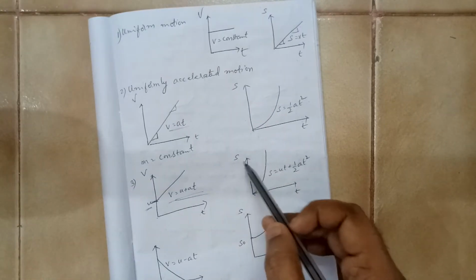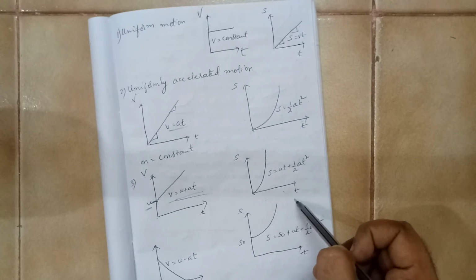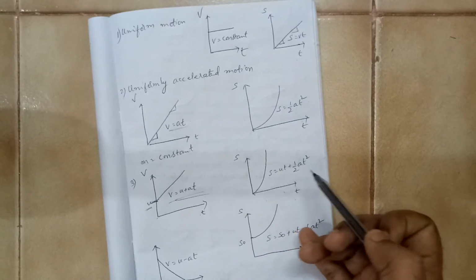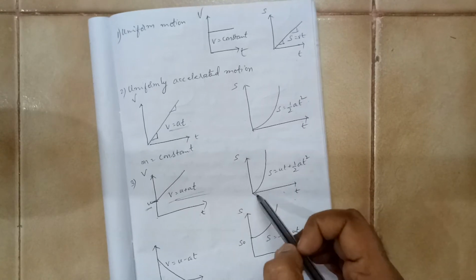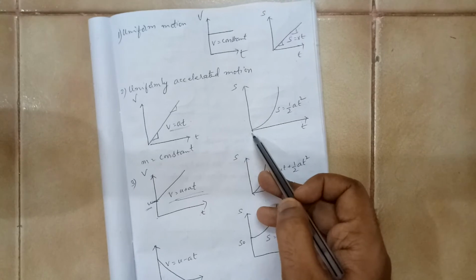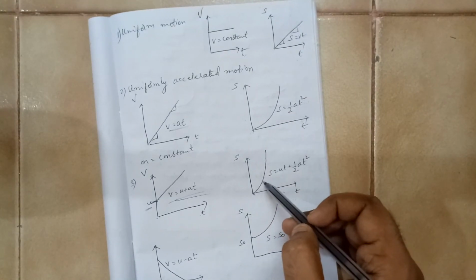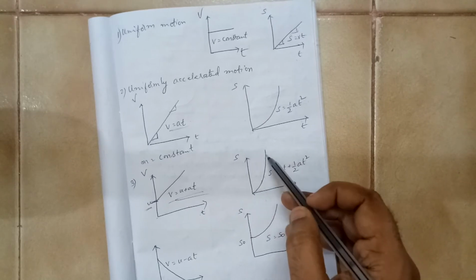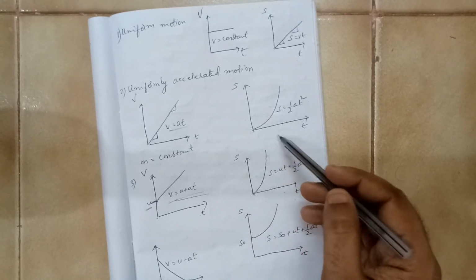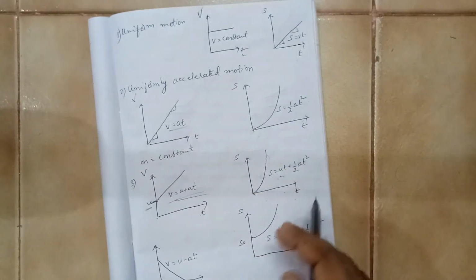Now in a similar situation, if you try to plot the ST graph, it will start from the origin, because you put t is equal to 0. But this graph and this graph will be slightly different. You see here the slope is more, more rapid, and here it is not that rapid. The shape is same, but the slope is more in this case.